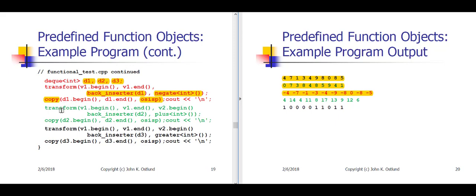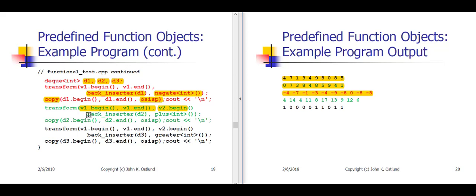Now, the second transform here on slide 19, this is the version of transform that takes two input sequences. v1 provides the first sequence of values, and v2 provides the second sequence of values. And as before, transform is assuming that there are at least as many elements in v2 as there are in v1 in order for this transform algorithm to work.